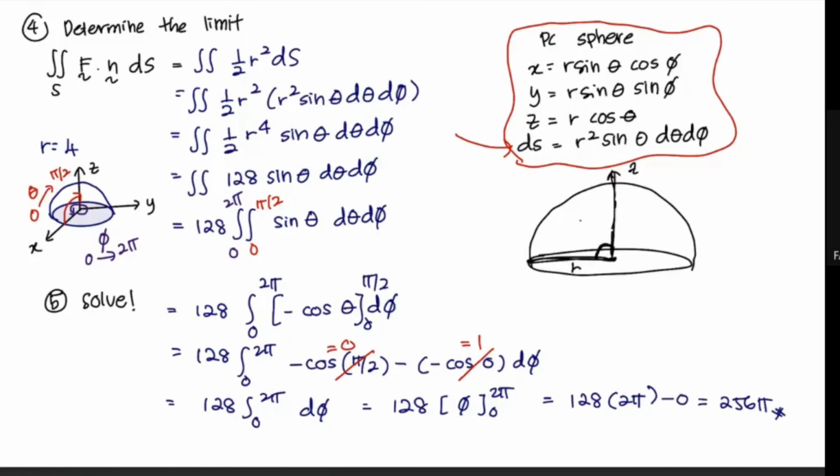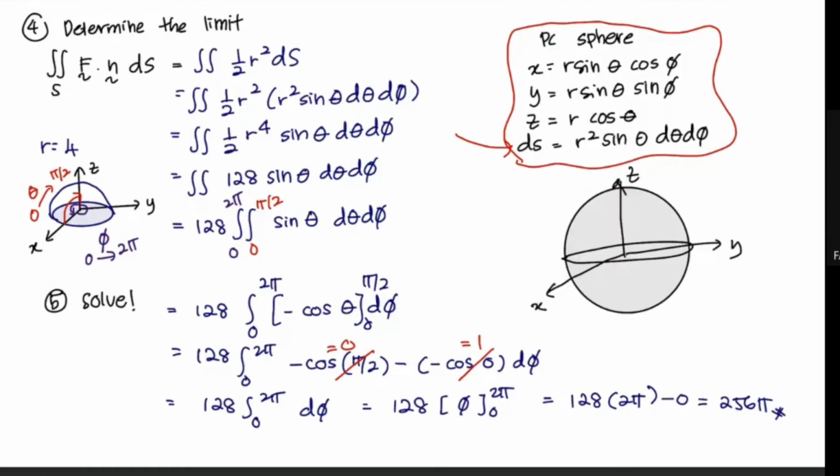This angle is 90 degrees. The limit of theta is from 0 until pi over 2. For phi, it is the angle in the xy plane, in the circle. So we have a full circle. That's why the limit is from 0 to 2 pi.